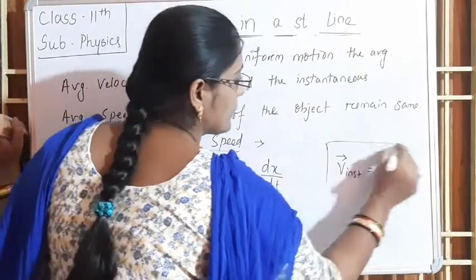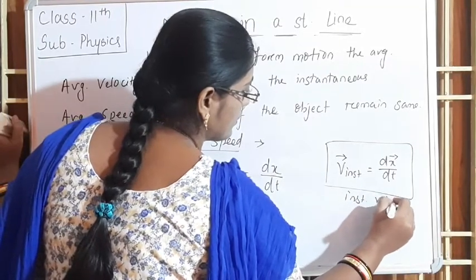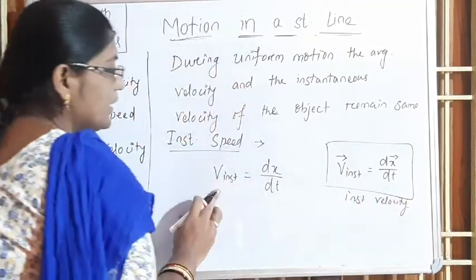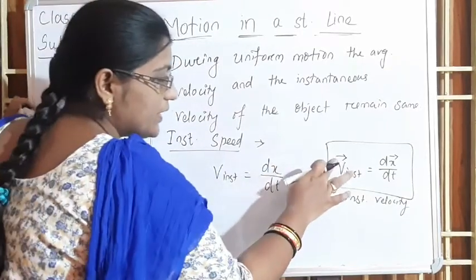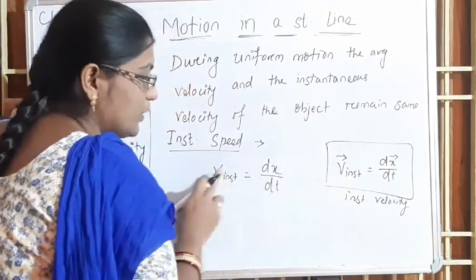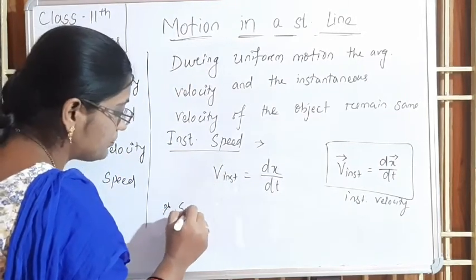This is for instantaneous velocity. This is for instantaneous speed. See carefully, here there is a direction sign, but here there is no direction. So it is a scalar quantity.